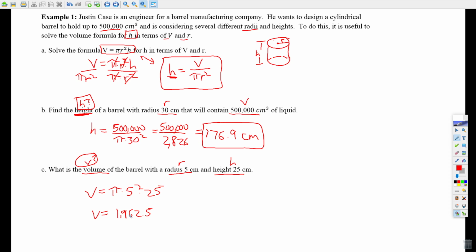So these numbers will be slightly different depending on what you use for pi. So let me show you one intermediate step of what I did. If you do 5 squared, you get 25. It's 25 times 25. And then 3.14. So if you change pi to 3.14, change 5 squared to 25, then I just multiplied these three together and got this answer. And this would be in centimeters cubed.